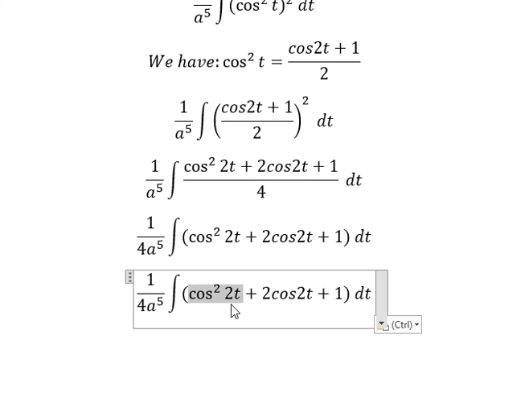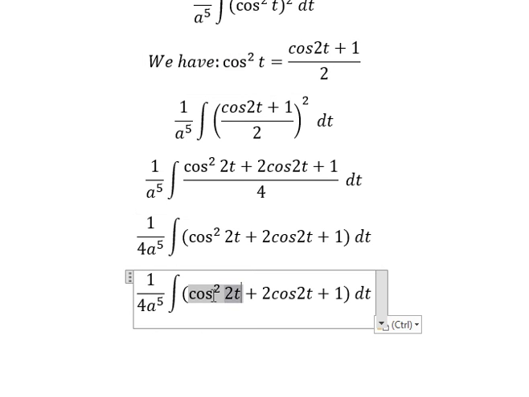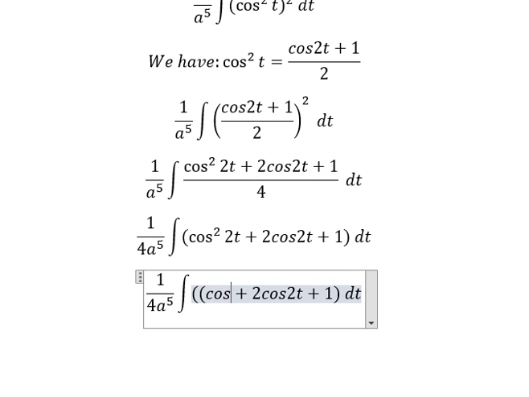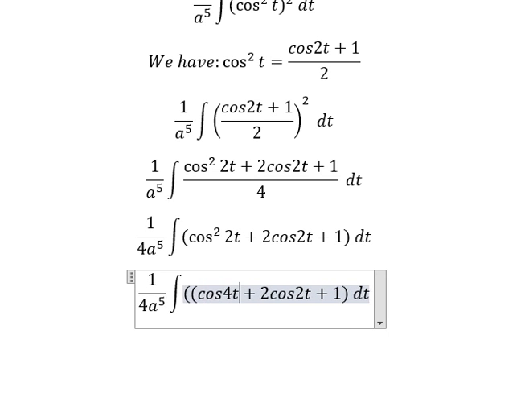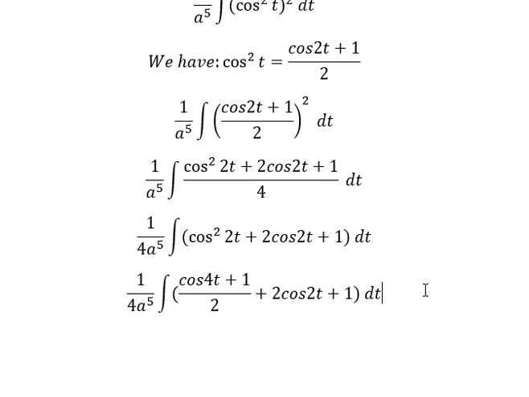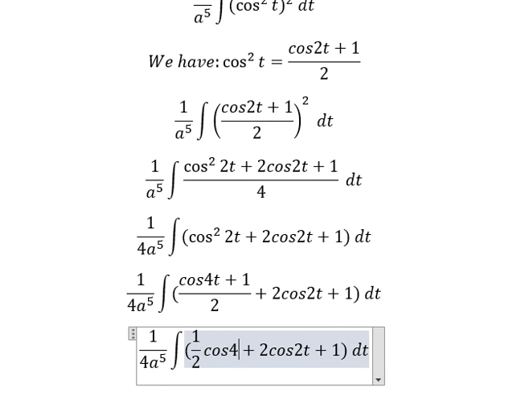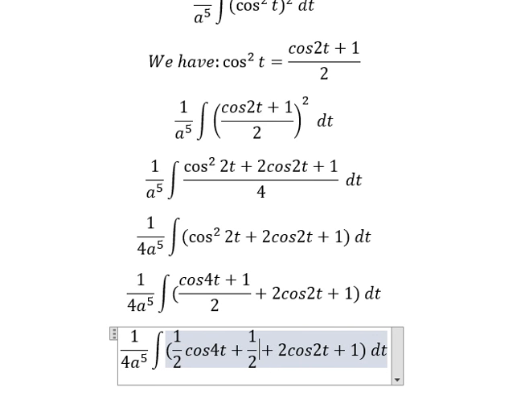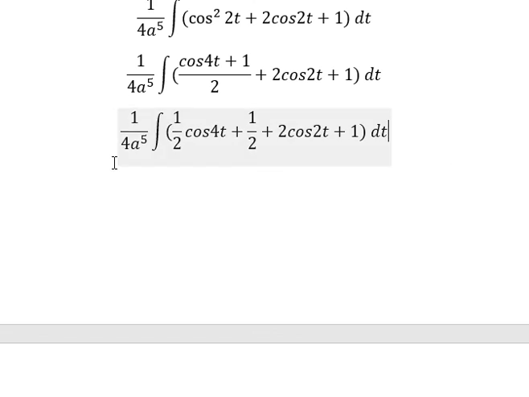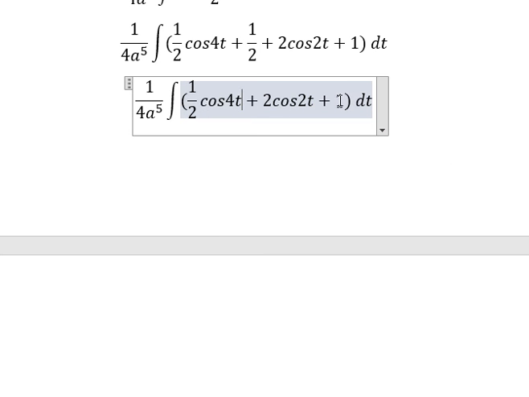This one we apply the same formula in here, but now this is cosine 4t plus 1 over 2. So this one we have 1 over 2 cosine 4t plus 1 over 2. So 1 over 2 plus 1, you get 3 over 2.